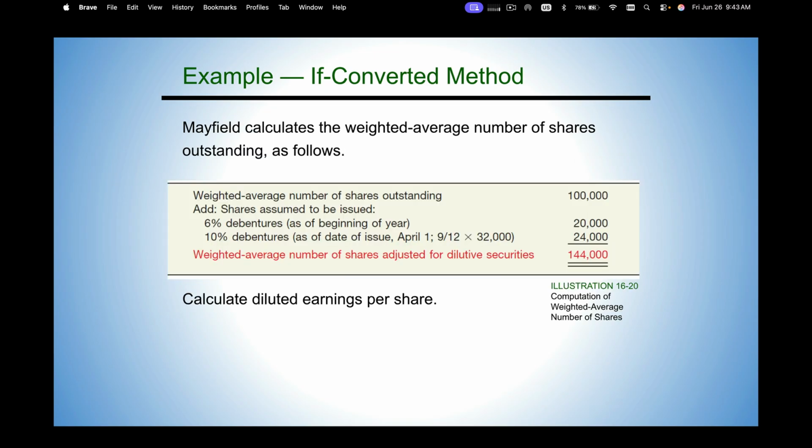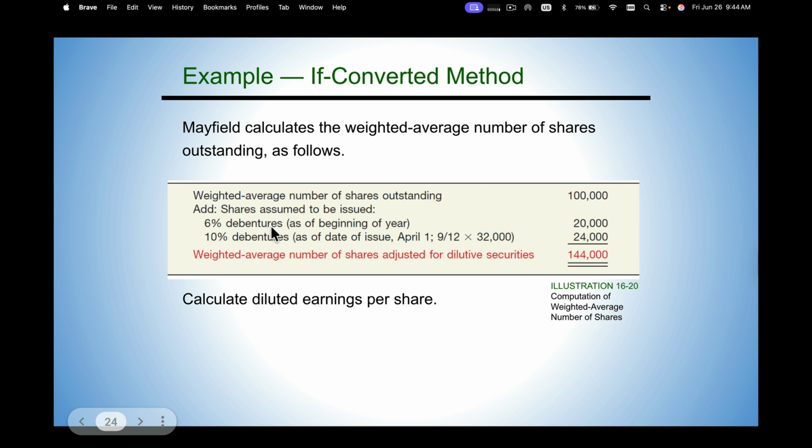Now, when we go to do our weighted average number of shares outstanding for the diluted earnings per share, we start with 100,000 shares outstanding, and then we're going to assume that in the denominator these debentures, these bonds, were actually converted.